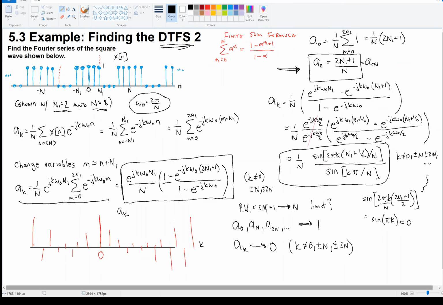Because in this limit, our square wave becomes a constant. And so we're saying the harmonic components go to 0, that there are no oscillations. And that's exactly right. For a constant signal, we should have no oscillations, and we should have a constant value of 1, and that's exactly what our answer is telling us.